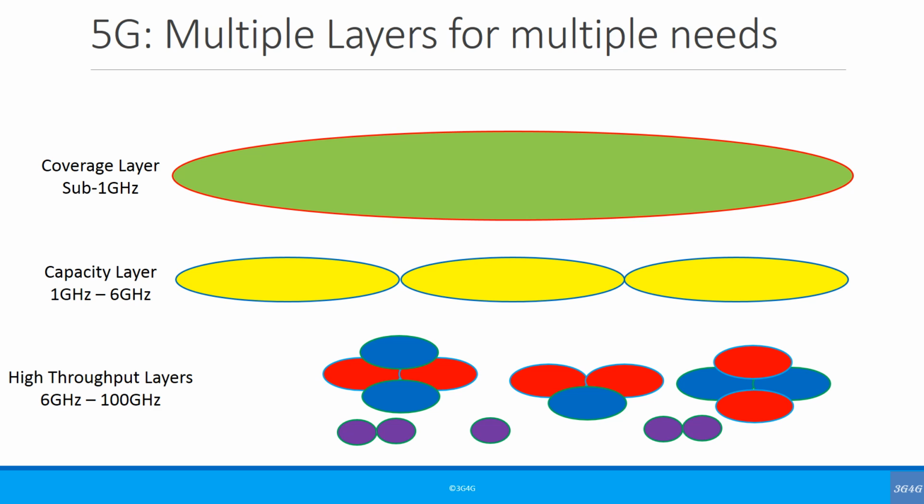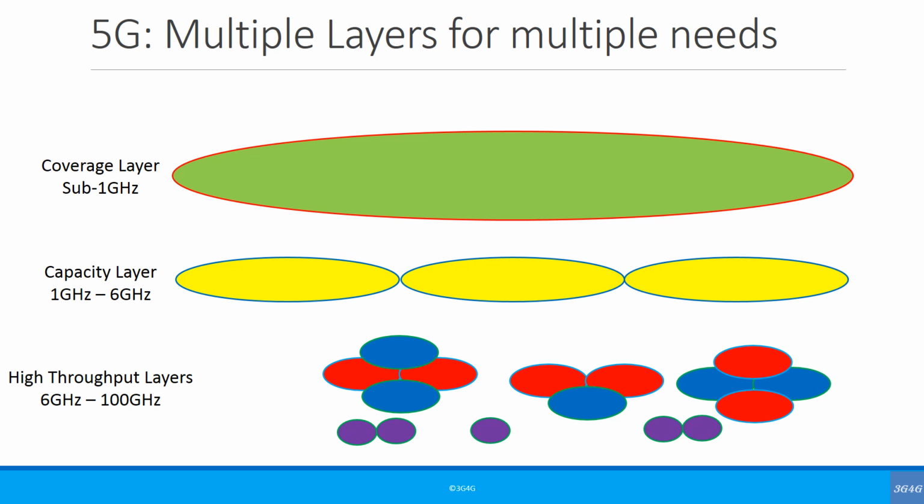In this capacity layer, which is mostly the same as LTE frequencies nowadays, you can give higher throughputs, whereas in the coverage layer, because you won't have enough bandwidth, you won't be able to give higher data rates. Then you would have high throughput layers, between 6 gigahertz and 100 gigahertz.